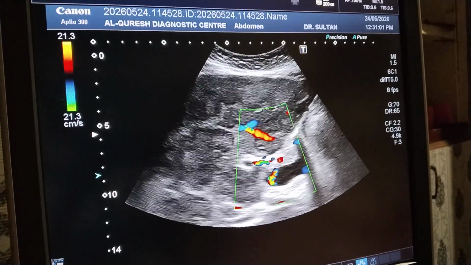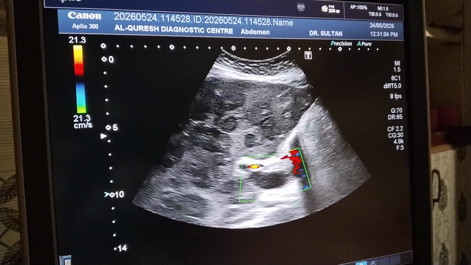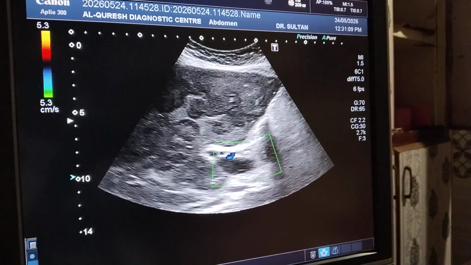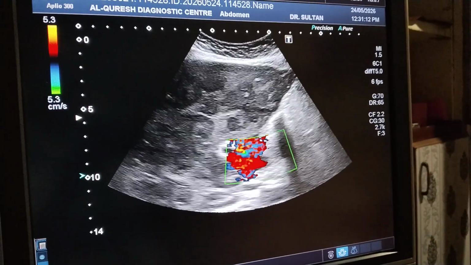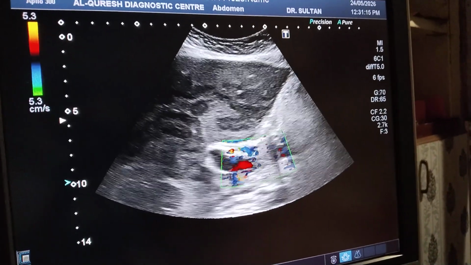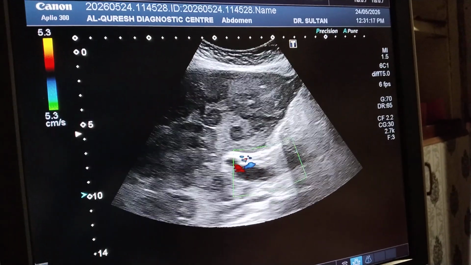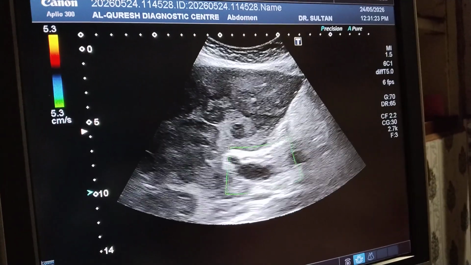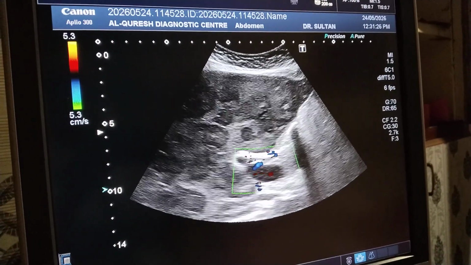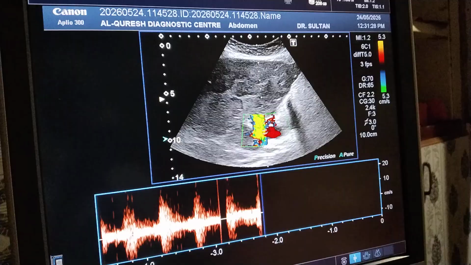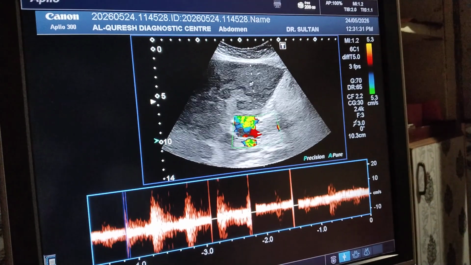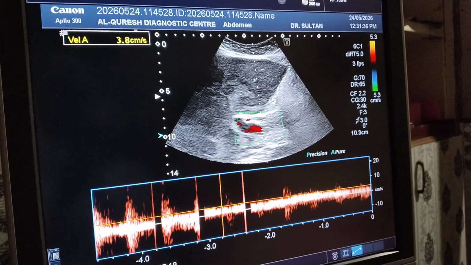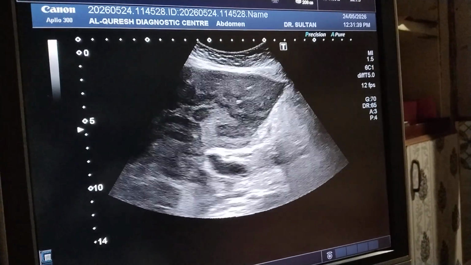But we cannot appreciate much flow; a little bit of flow is present within the portal vein. It means that somewhat portal hypertension is present. I'm going to see the velocity, which is 3.8 centimeter.